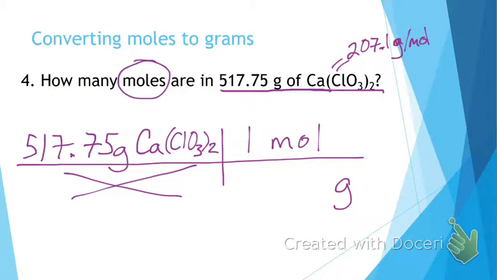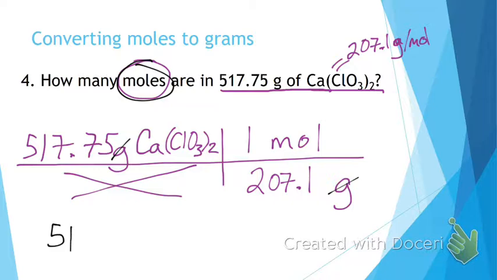So that's why in this space, the mass of 207.1 grams goes here, and the 1 mole is on the other side. So my grams canceled, moles is the only thing that's left, and that's why I circled what I have to solve for. Now I just put this in my calculator.